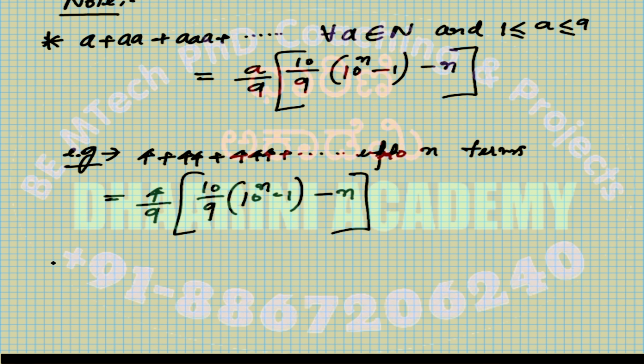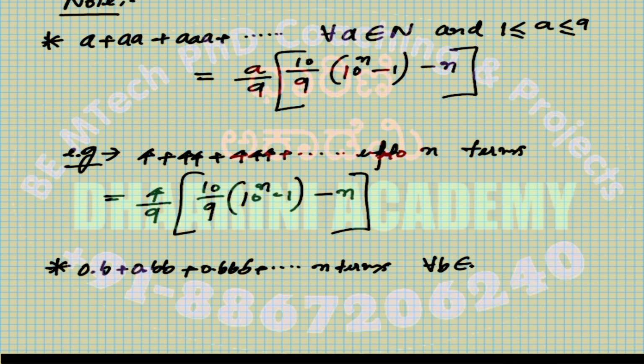Right. We have another shortcut formula to remember. This is like 0.B plus 0.BB plus 0.BBB plus dot dot dot up to n terms, for all the B's belonging to natural numbers and 1 less than or equal to B less than or equal to 9.